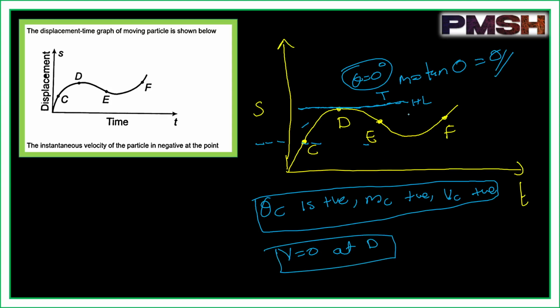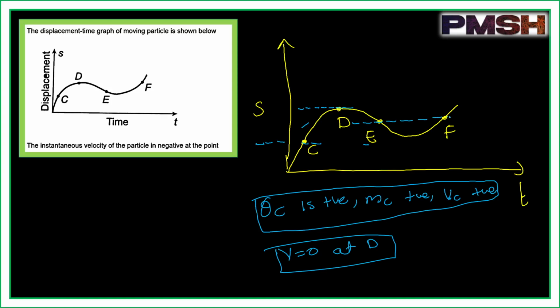Now let's see about the point E. You will draw a horizontal line at E. This is your horizontal line. Then you have to draw the tangent. Now you have to measure the angle from the horizontal line to the tangent.